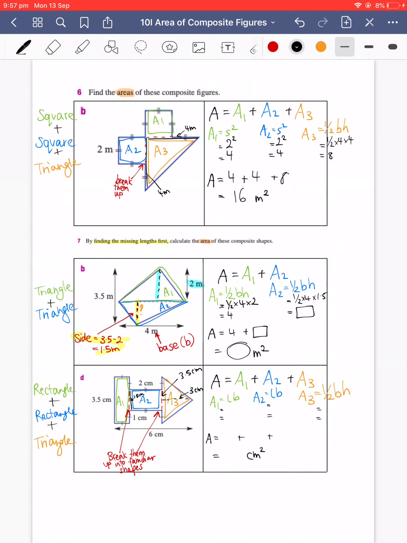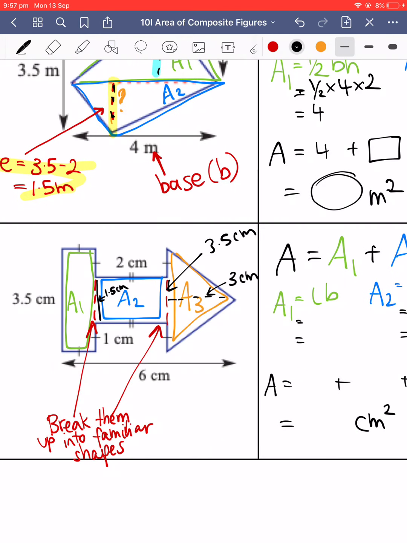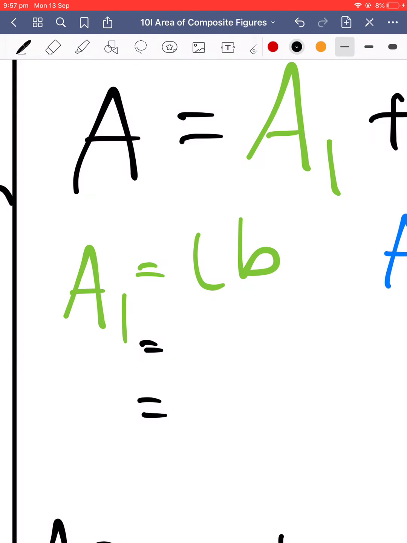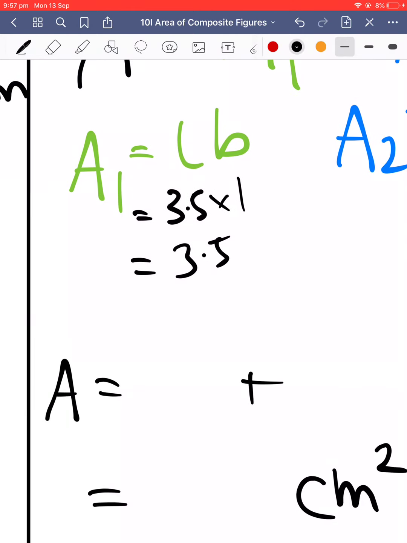And again, that's just from looking at the information and breaking it down. Okay, so I have my first rectangle, which is 3.5 multiplied by 1 centimeter. Okay, so 3.5 by 1, plug it in, gives me 3.5.